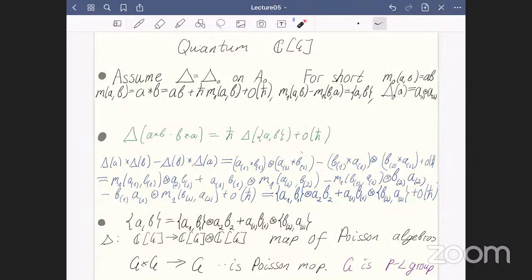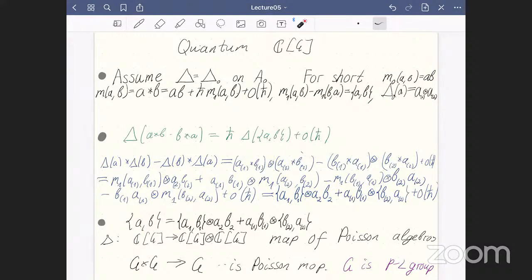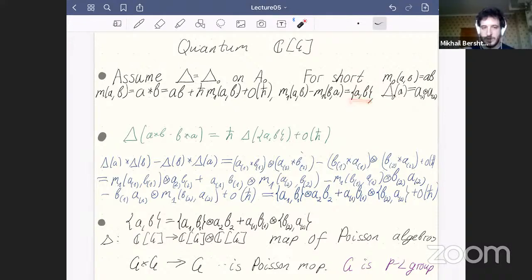We assume that it's a Hopf algebra on the previous slide. But we showed in the first lecture that if we have a deformation of a commutative algebra, then in the first term we have a Poisson bracket, that satisfies the Jacobi identity. This was discussed at least in the first lecture. So if you want to deform, then we need to have a Poisson bracket. This is the main message.